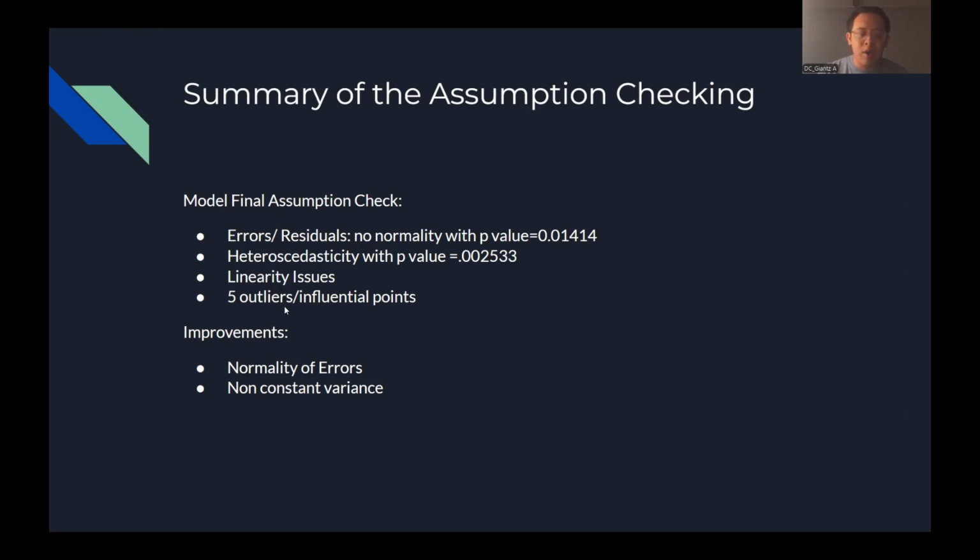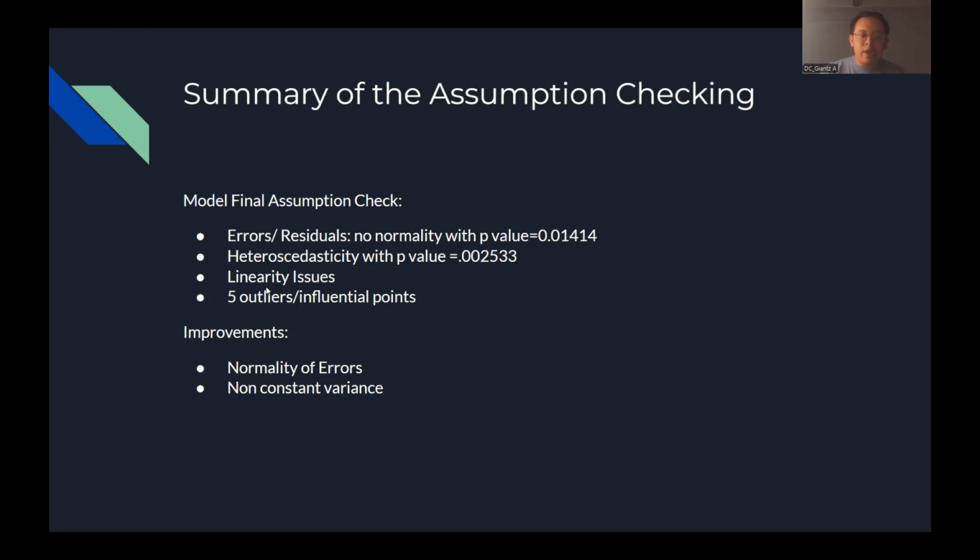However, in comparison to the original model, the final model is an improvement in terms of the number of errors, non-constant variance, linearity and all that, but it still needs improvement.